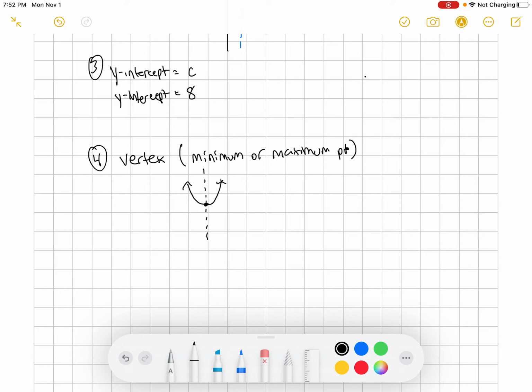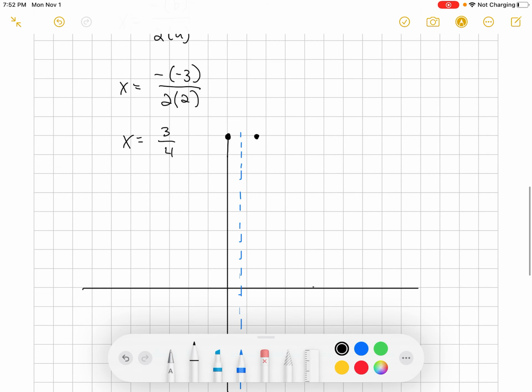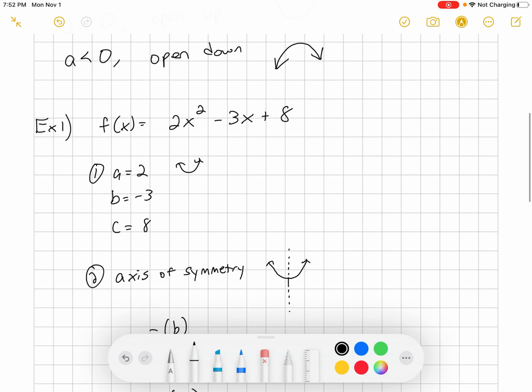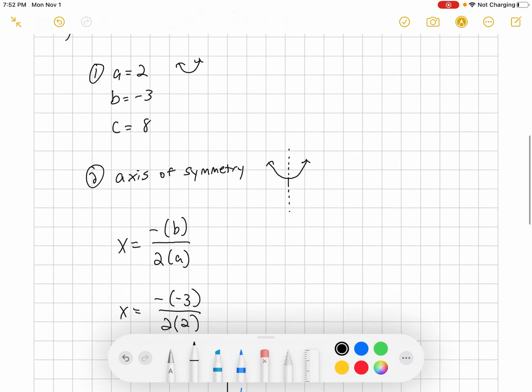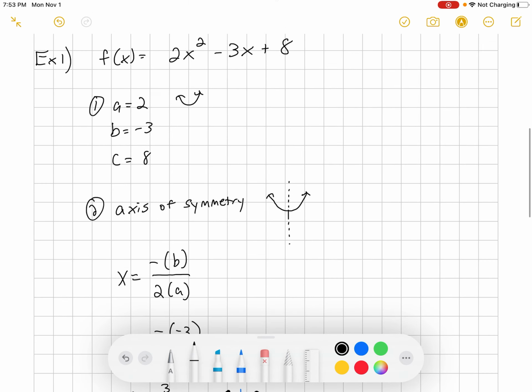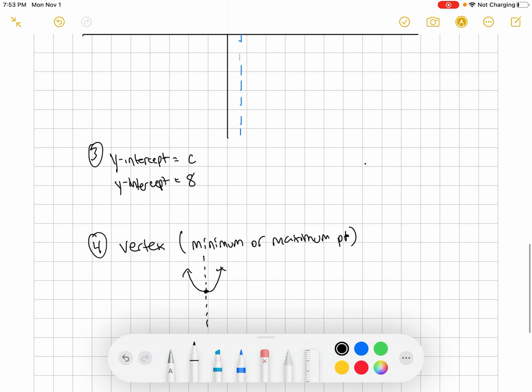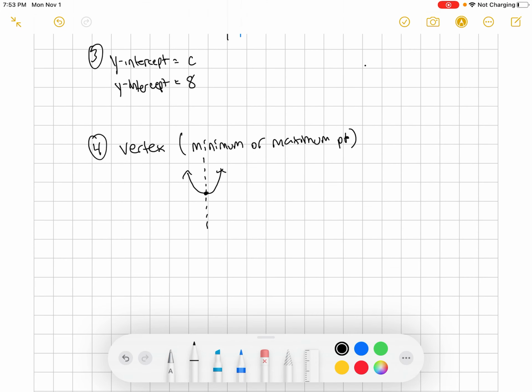And so what we've got to do is go back to our original function, and we're going to plug in our x value, which is our axis of symmetry, 3/4. So 2x squared minus 3x plus 8. So we're going to find f of 3/4.